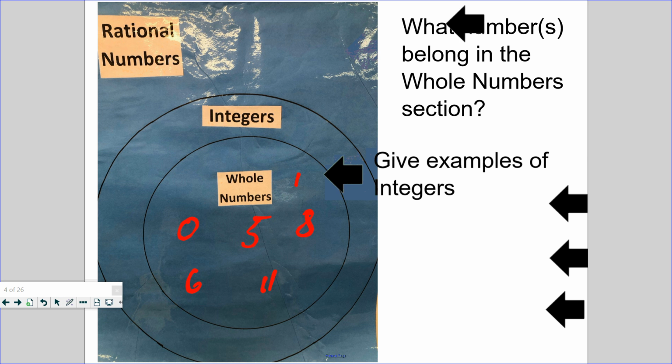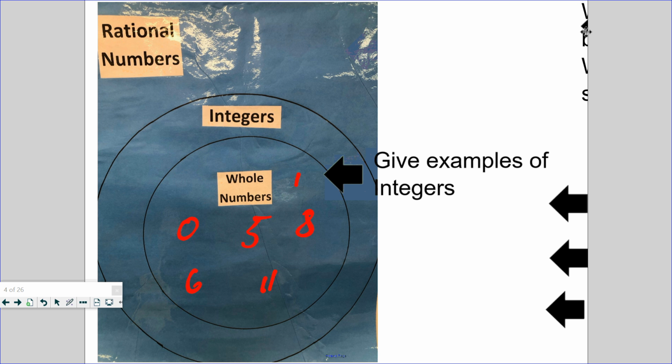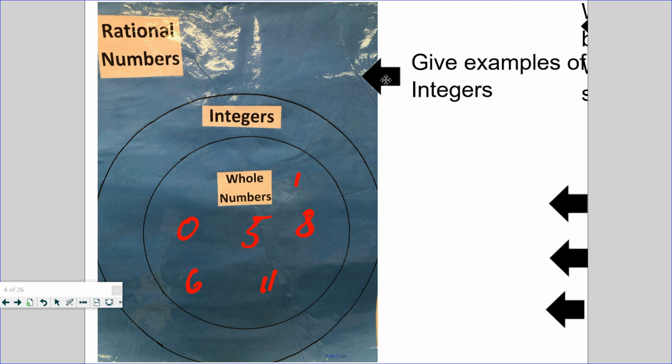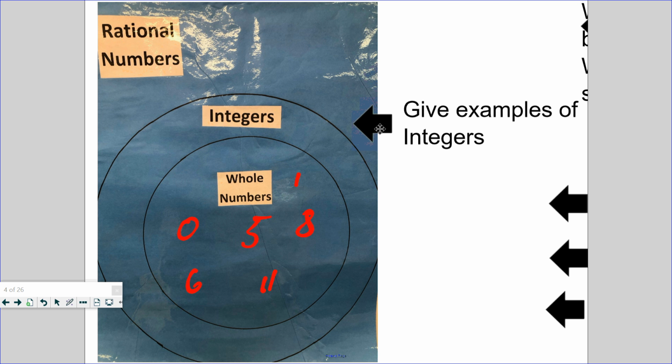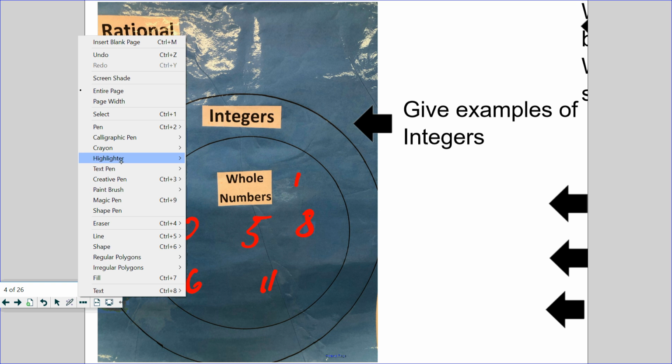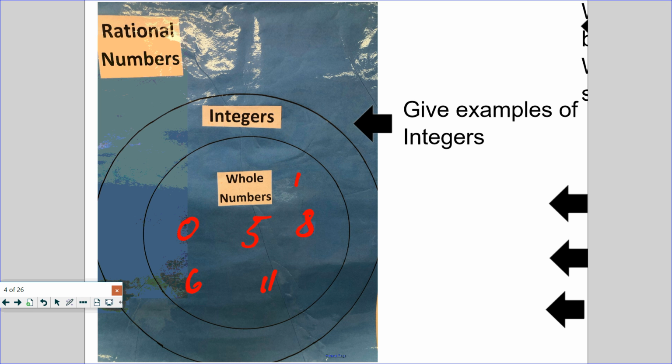Give examples of integers now. I would like you to give me some examples of integers. Integers are whole numbers such as 1, 0, 5, 6, 8, 11, and their opposites. So could I put the number 4 right here in integers? I could, but isn't 4 better represented as a whole number?